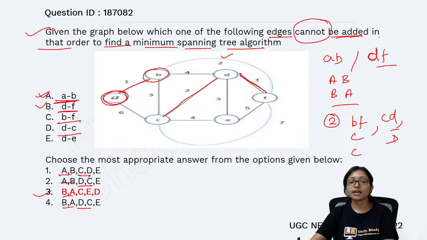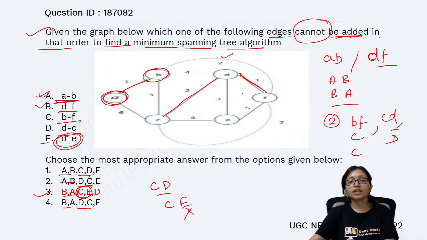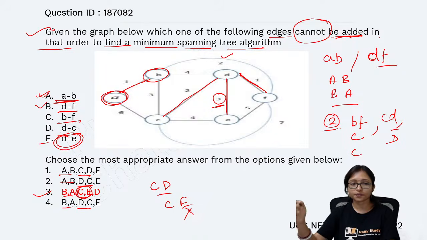Here is CE, it is not possible. After C, definitely D should come. After that CE cannot come because E is DE, and DE is 3. Before completing 2, I cannot go for 3. I have to complete 2 first. After that I can go for 3. That is the concept. So as it is doing this, that's why it will be the wrong answer.